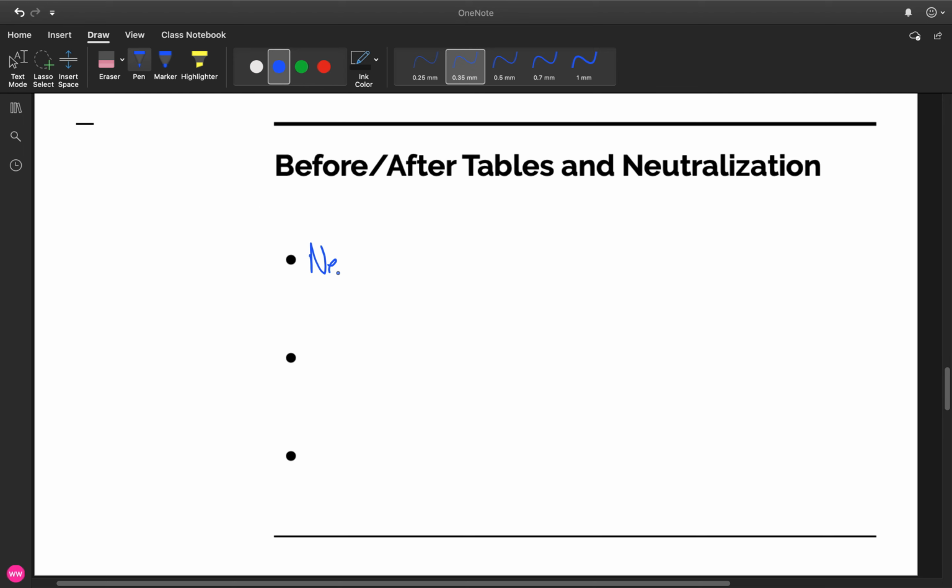So once again, neutralization between the buffer and added acid or base occurs to completion.